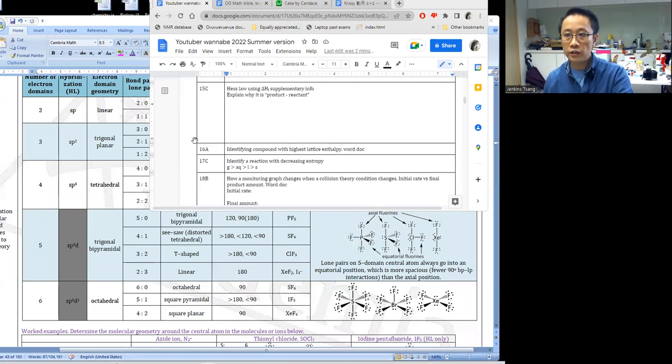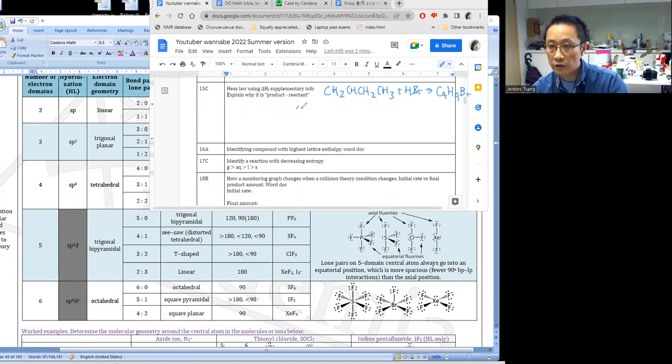Moving on, question 15, which is about calculating the enthalpy change of a reaction. I did not write the reaction here, so let me just write the equation: CH2CH2CH3 plus HBr becoming product, which I just write as C4H9Br.